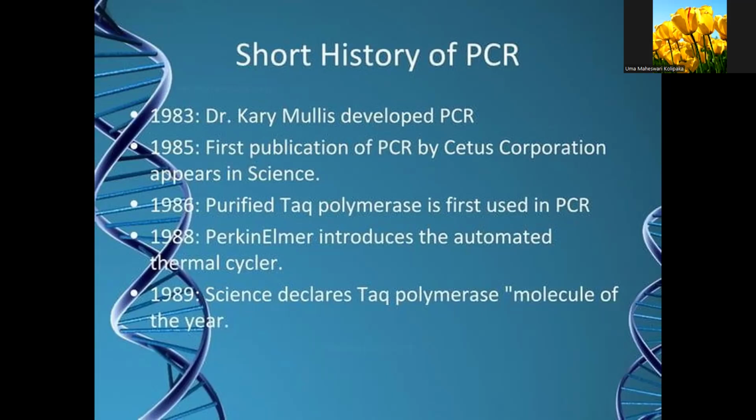This is also known as a DNA cycling machine, thermal cycling machine or PCR machine, which was actually introduced in the year 1988. And Science declares Taq polymerase the molecule of the year. Taq polymerase is of great importance in PCR. To be frank, without Taq polymerase, we can't complete the process. We can't do the PCR technique. So it was declared molecule of the year in 1989.